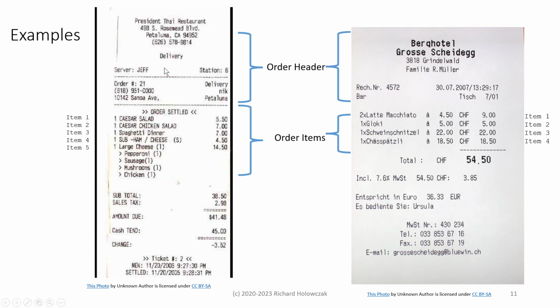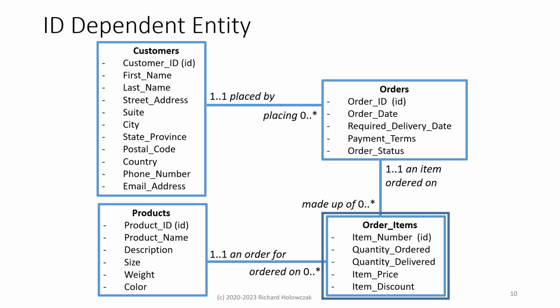And this is the main reason why we split up the order header information from the order items when we model. So going back to our ER model, we can see here that we've split this up into orders and order items. Orders are the attributes that are common to the entire order, like the date, required delivery date, payment terms, and order status.